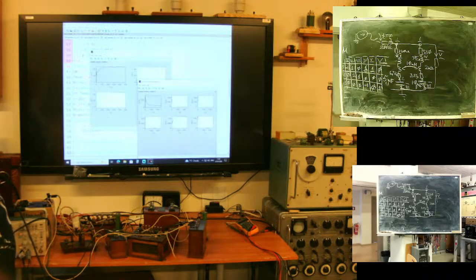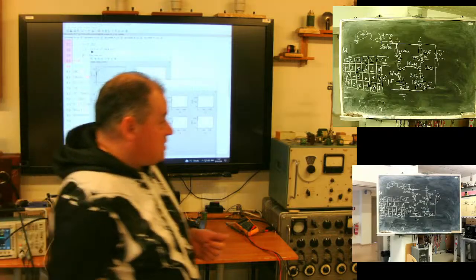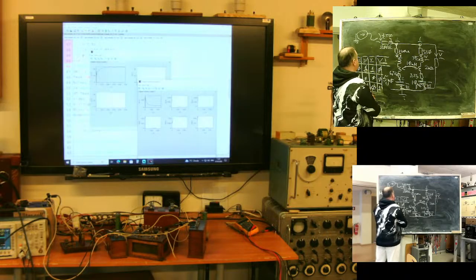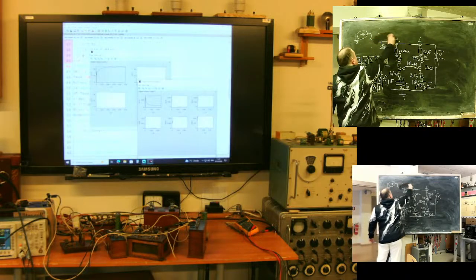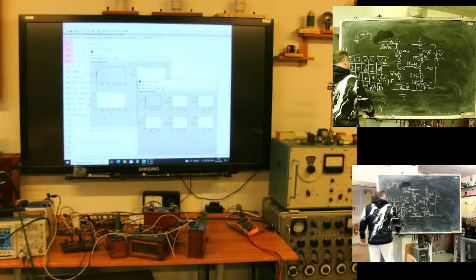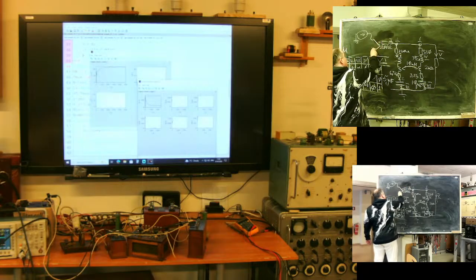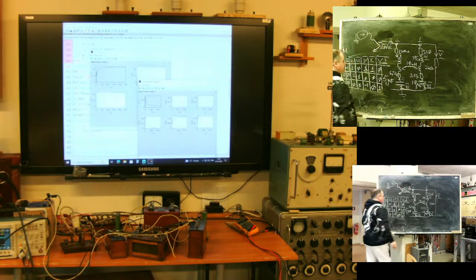Currents. It's currents. Now a more complex trick, a more complex task, is to solve the problem of disconnection.